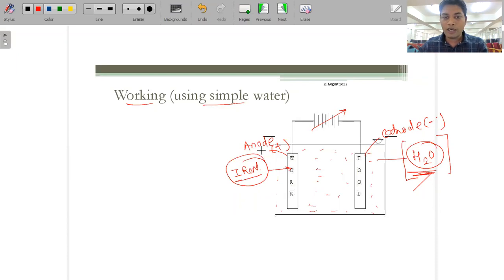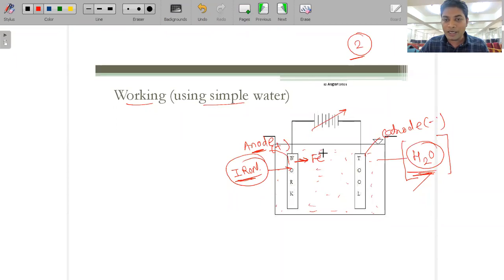Now if we talk about the anode side, this is the iron, Fe. Fe ions start releasing from this, and the valency of iron is 2. What is the meaning of valency? When the Fe releases from the workpiece, it releases 2 electrons.